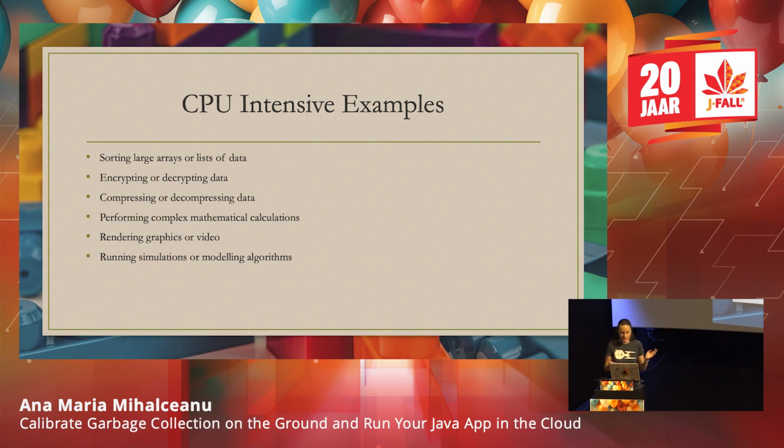It usually means compressing or decompressing files, a lot of complicated actions when it comes to security, which is very important, but you should know that it also requires a lot of CPU. Then rendering graphics and working with videos also consume CPU. And of course, mathematical operations. So if your application has complicated algorithms and performs a lot of math, then it will probably use a lot of CPU.